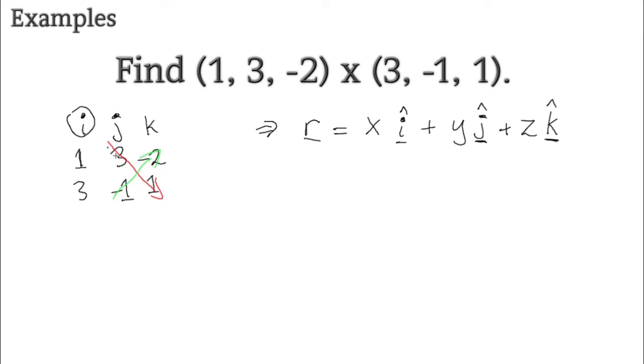But remember, if you go diagonal down to the right, you add. This is very bad of me, mixing my colors. So if you go down, you get 3 times 1, and if you go up, you get -1, -2.